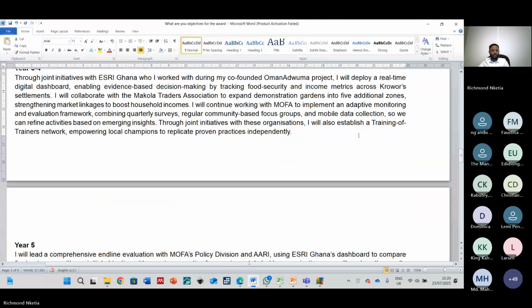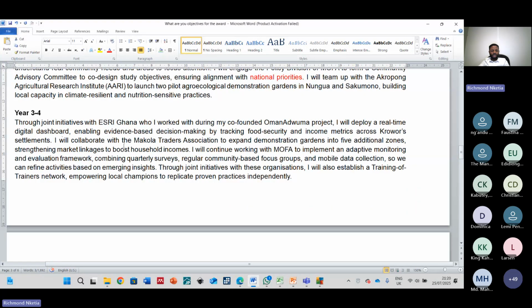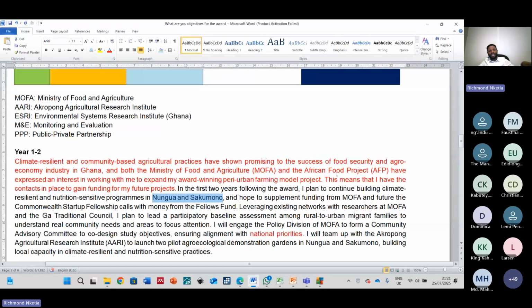I will collaborate with Makula Traders Association to expand demonstration gardens into 5 additional zones, strengthening market linkages to boost household income. So from the very beginning, I mentioned that people are hungry because of climate issues, and so farming, unlike the past, doesn't yield so much produce. That's why I said I'm going to adopt climate resilient farming methods. So I've addressed that.